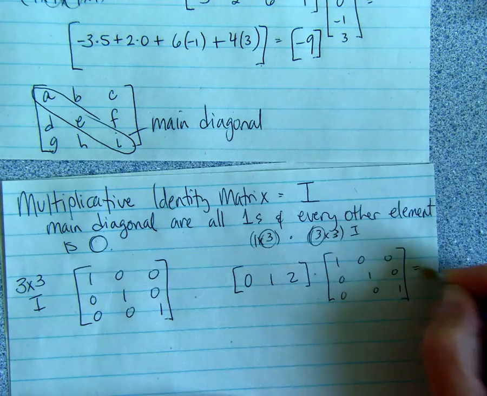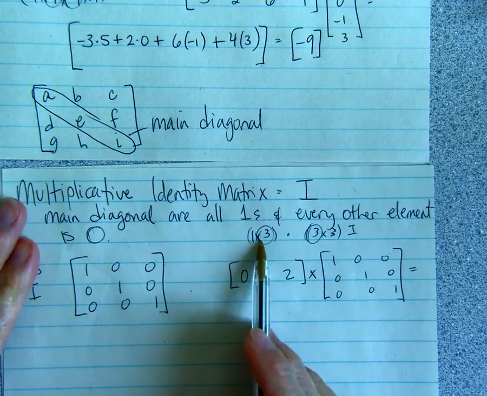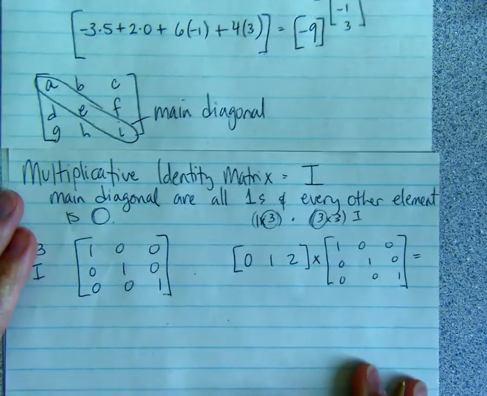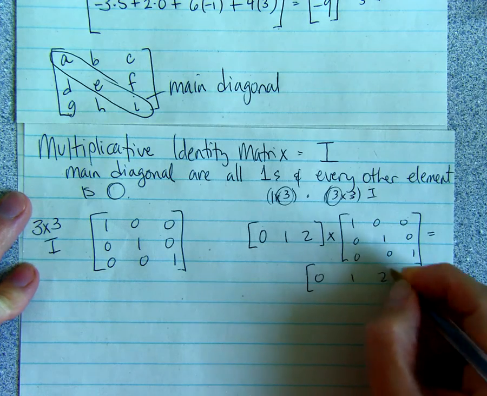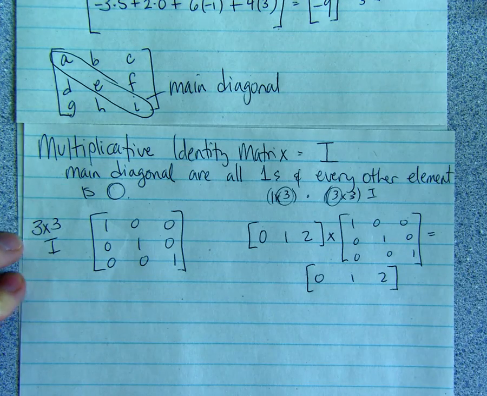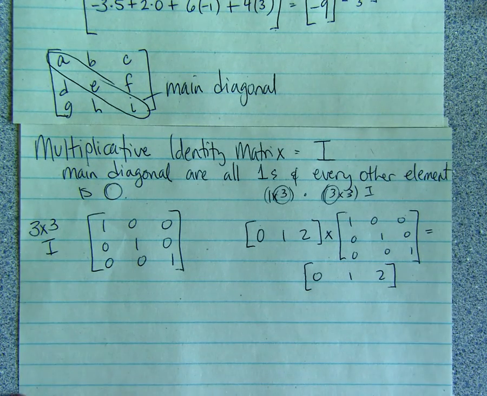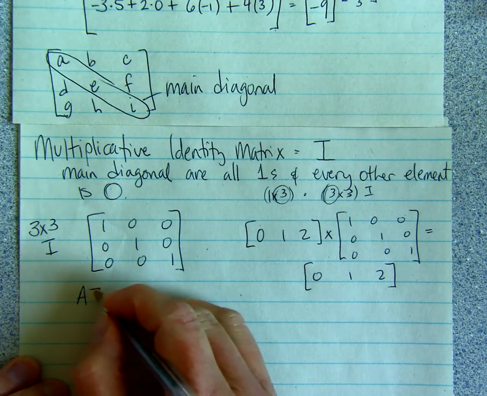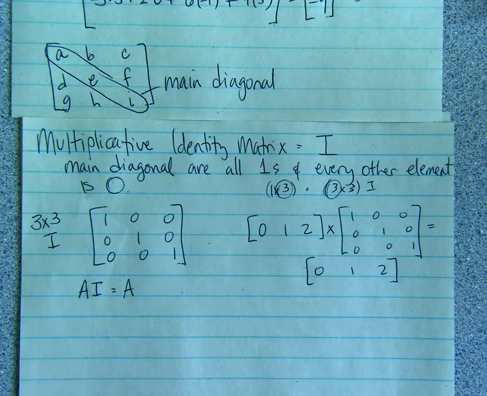And anytime you multiply by the identity matrix, as long as you can do the multiplication, the number of columns matches the number of rows, it just equals the original matrix: 0, 1, 2. So sometimes you can say any matrix times the identity matrix is going to give you that matrix back. You'll see that sometimes.